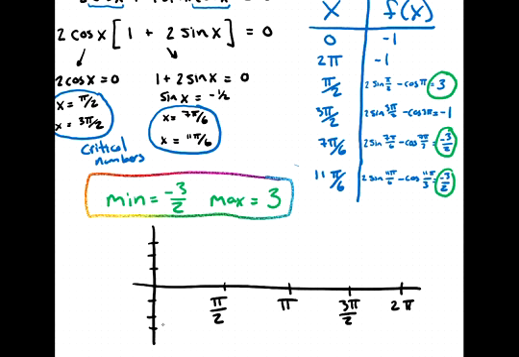So we know that when x is 0, the y value is negative 1. And when x is 2 pi, the y value is also negative 1.